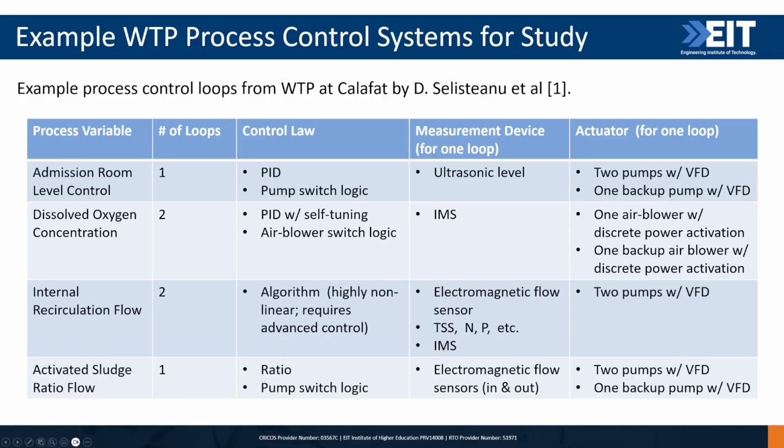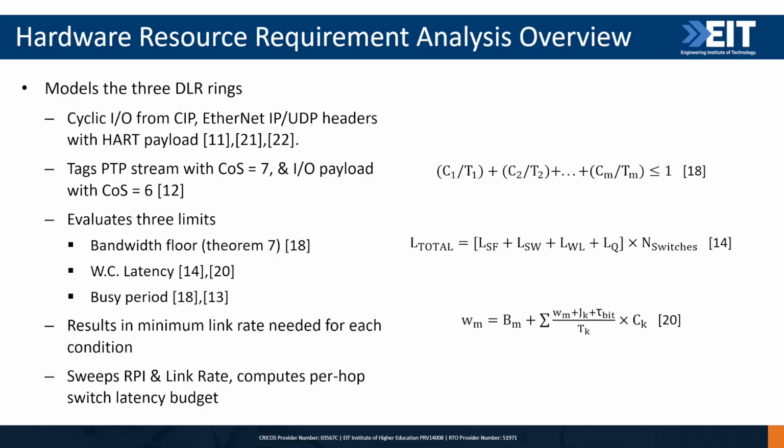So there's 4 general loops and multiples for 2 of them. Now for the actual simulation of the network, just for general bandwidth and hardware requirements.